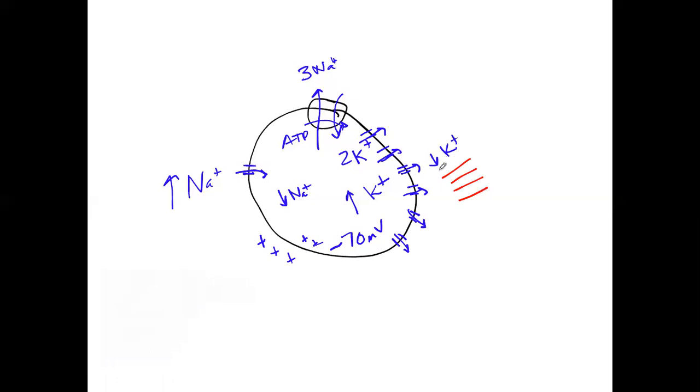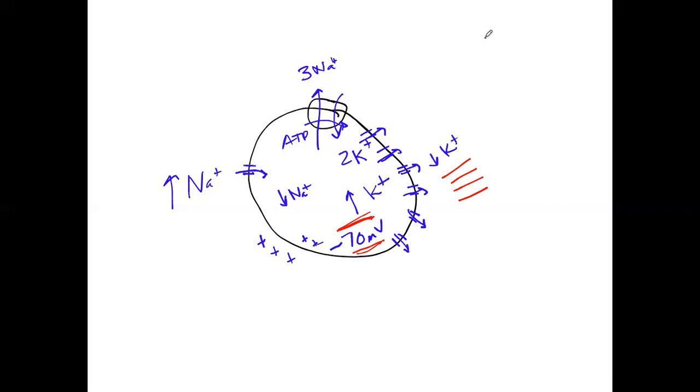So if it's really low, then potassium is going to rush out faster, and this will be more negative, okay? Making it harder to excite. If the person has high serum potassium, right, then this is going to stay inside longer and this is going to be more positive, okay, so easier to excite.